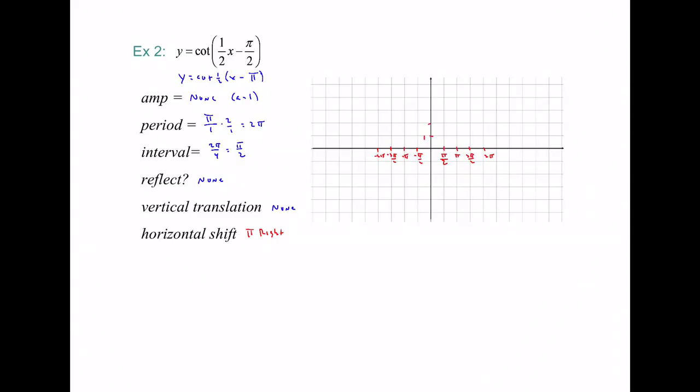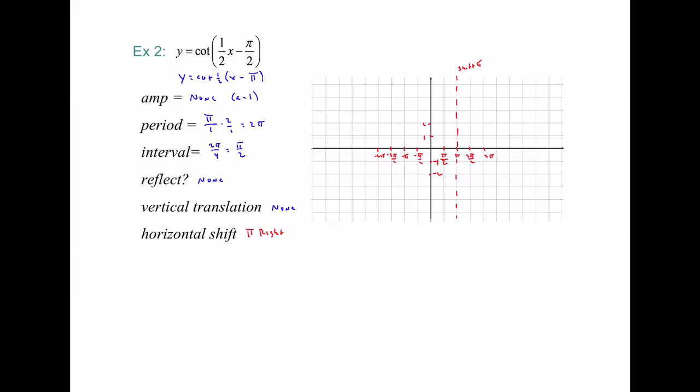We'll mark our y-axis as 1 and 2, and negative 1 and negative 2. And so now, with that horizontal shift to the right, I'm going to draw on that dotted line, not necessarily indicating a vertical asymptote. This just kind of represents that new y-axis, so this is the shift pi units.